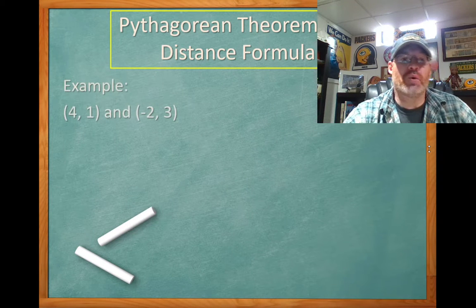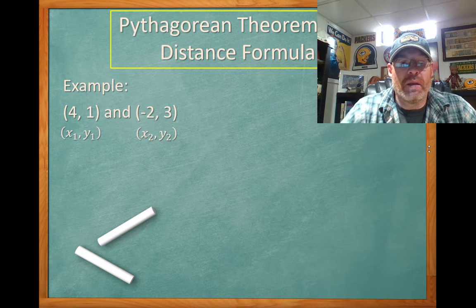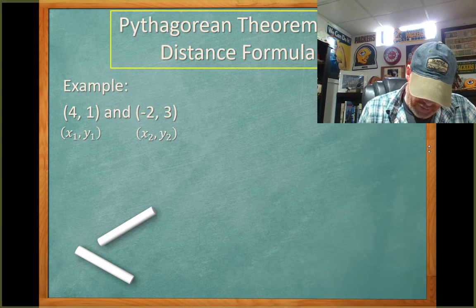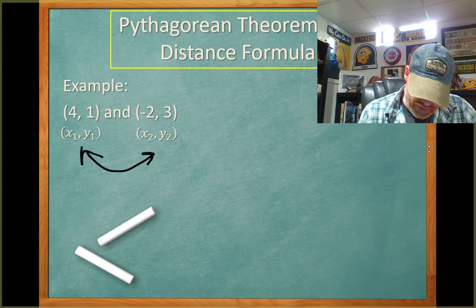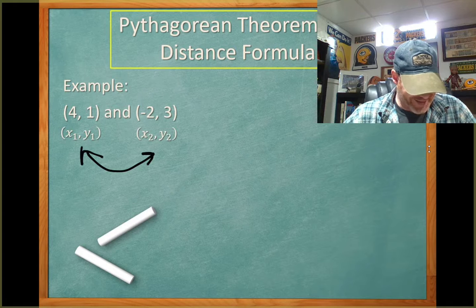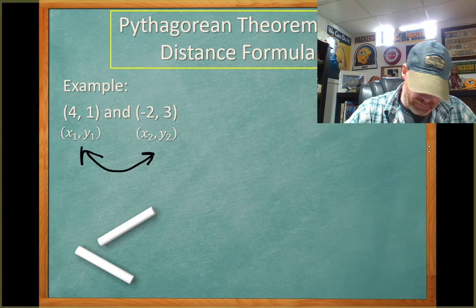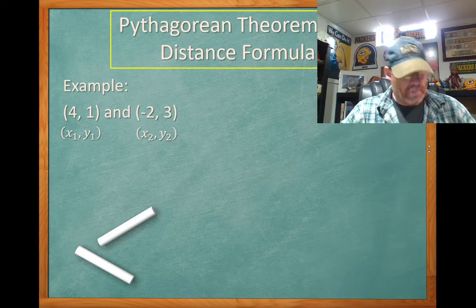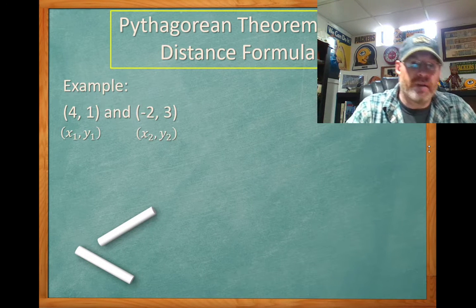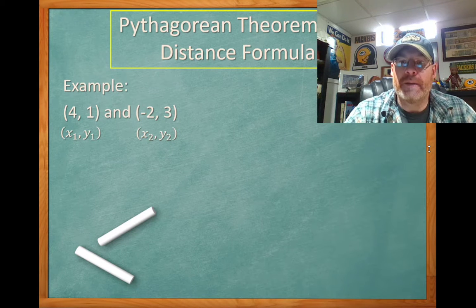Let's say that we have two coordinates, (4, 1) and (negative 2, 3). Now, in actuality, it doesn't matter which one you decide is point 1 and point 2. It's all going to come out in the end because of the squaring. But in this one, I used (4, 1) as my first coordinate and (negative 2, 3) as my second.